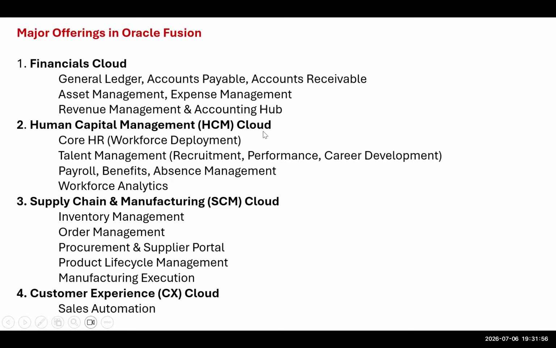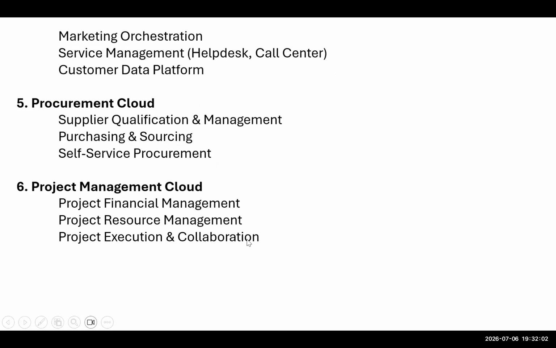Like that, Human Capital, HCM, has some modules, as well as Supply Chain, Customer Experience, and Procurement Cloud. Here: purchasing, sourcing, self-service procurement, supplier qualification and management, and Project Management Cloud. Based on the client requirement, we can purchase these offerings and their related modules from Oracle.